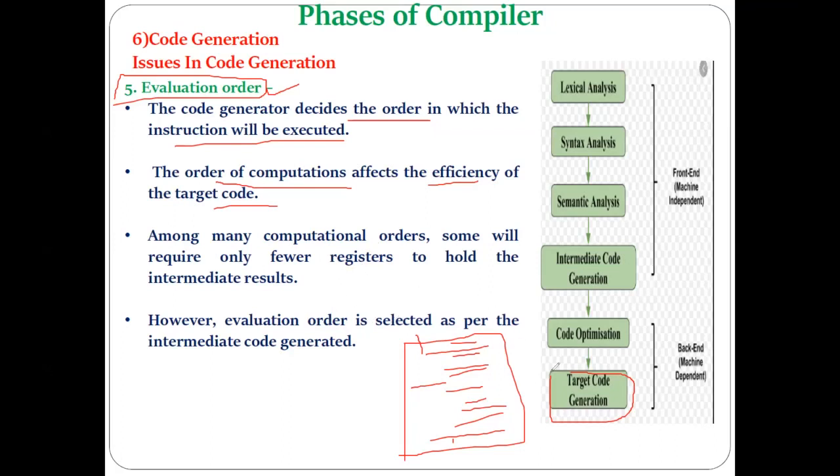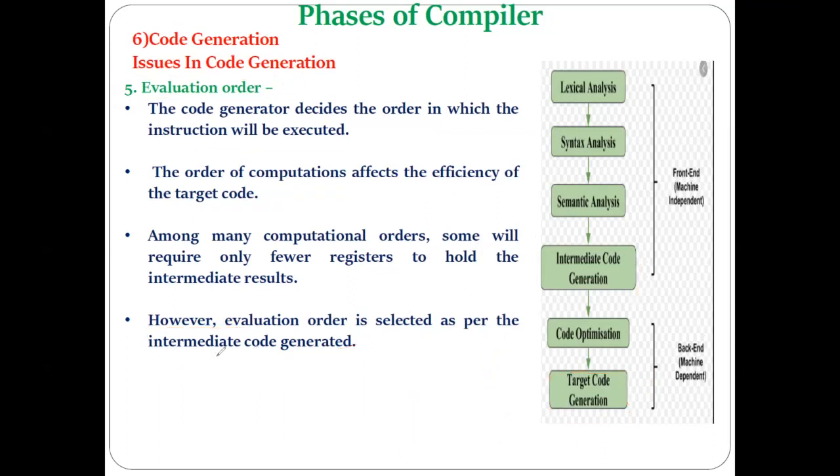Generally, the order in which the intermediate code is generated is the same order followed by the target code generation phase, for the computation or execution purpose. So this is a common approach.